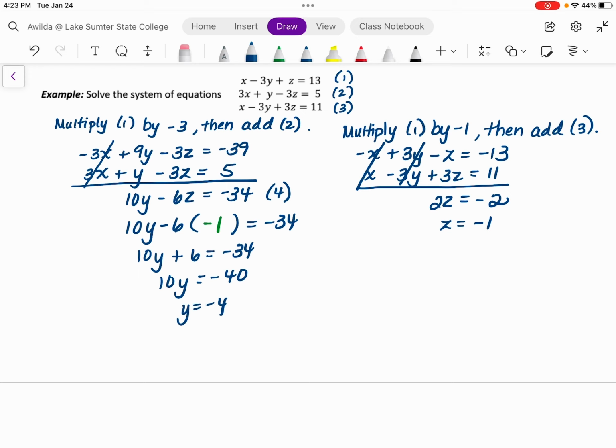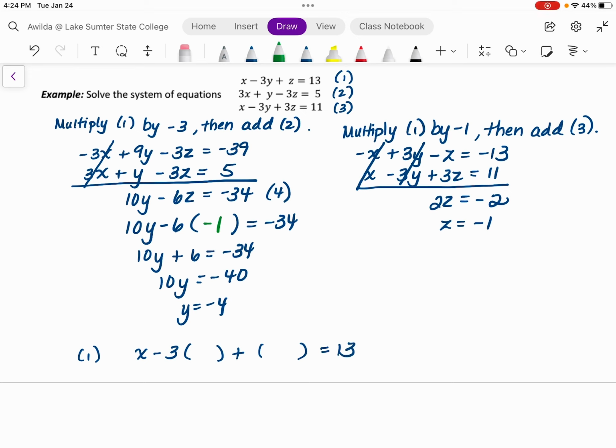So I have the value of z, I have the value of y. I can substitute these values into any of the original equations to then solve for x. So let's go ahead and use equation 1. In equation 1, we have that x minus 3 times y plus z is equal to 13.